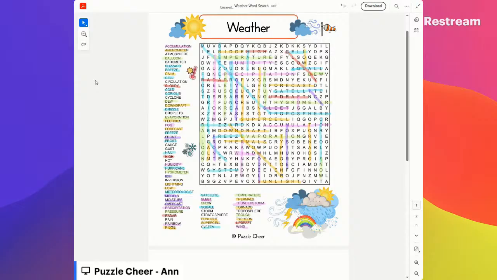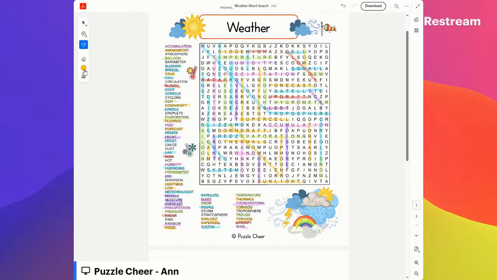And Dino Game Hub says hot is vertical, starting with the H in troposphere, middle right. Okay, so troposphere is... I don't know. Did I forget to cross it off? Middle right. Troposphere.